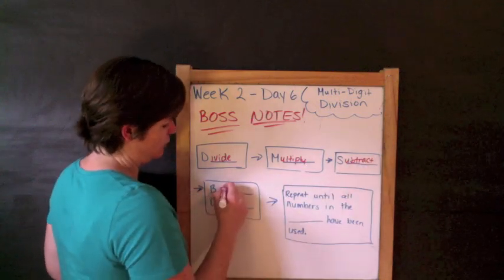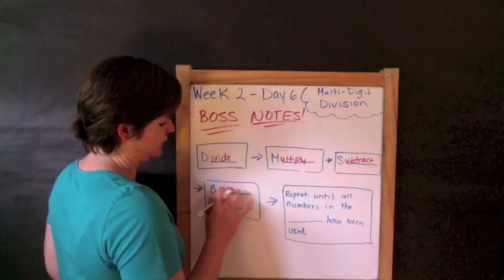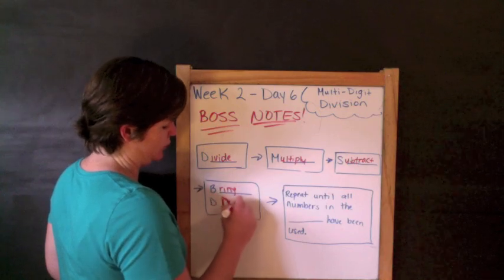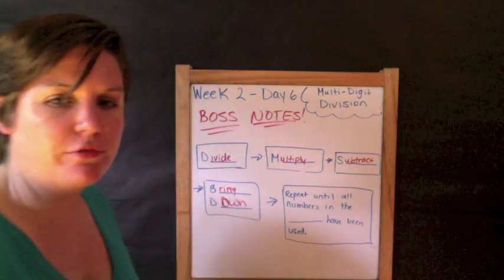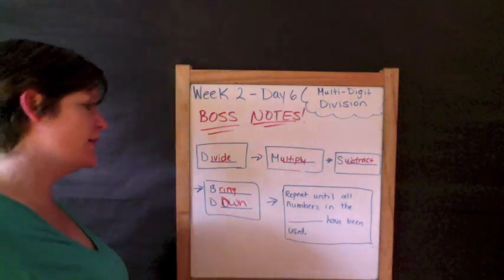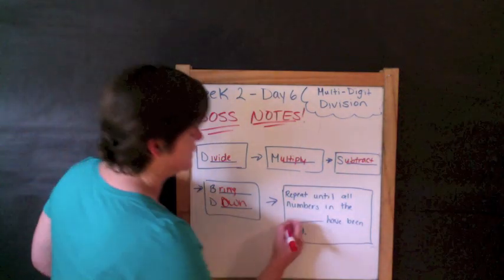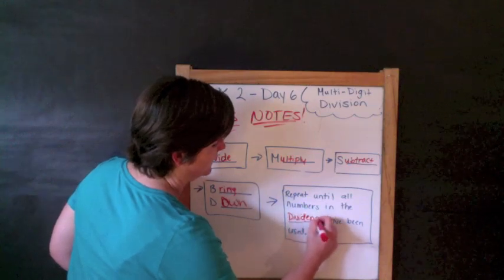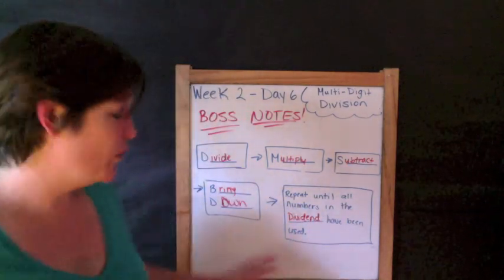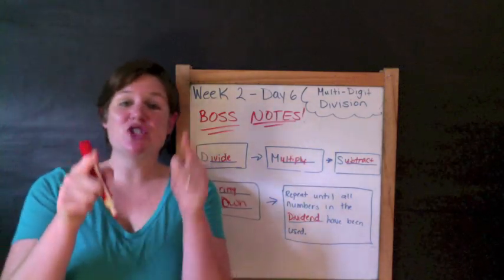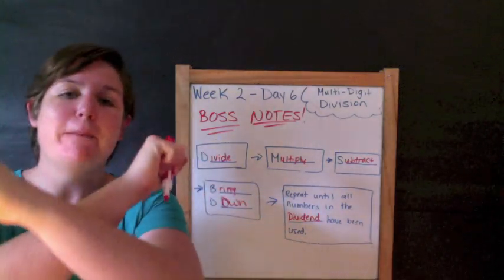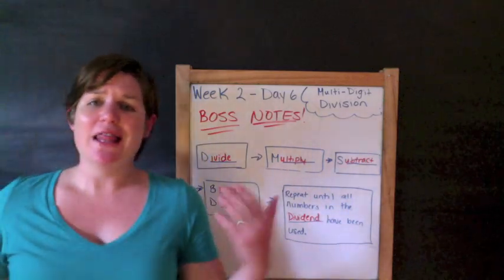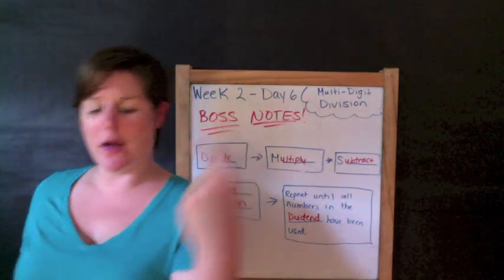And we bring down. Perfect. All right, and then we repeat until all the numbers in the fancy word dividend have been used. One other step that we do is that we are going to be checking our work using multiplication, which is the inverse operation to division. So let's get to it. Let's learn it.